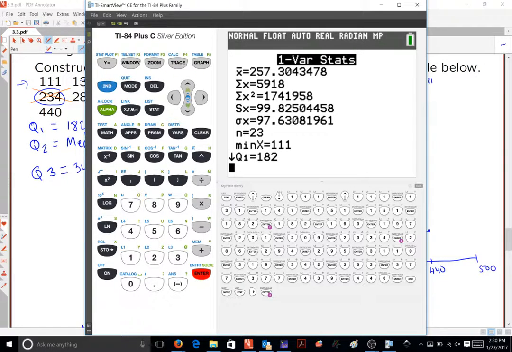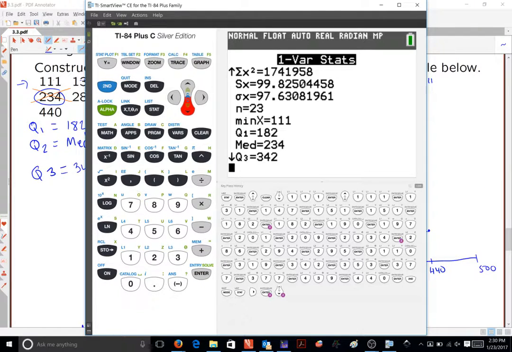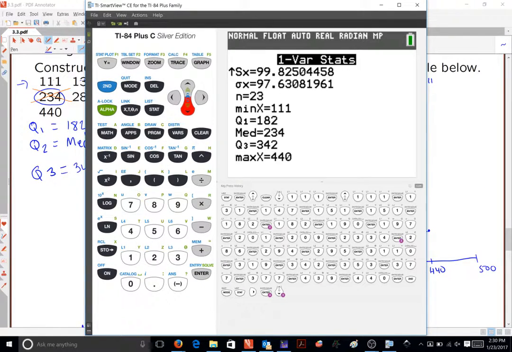Notice it says min x and Q1, both right there. And then if we scroll down, it gives you the median, which is Q2, Q3, and the maximum. So it gives you all that information that you need, and you just have to draw the box and whisker plot, which is exactly what I showed you guys how to draw.